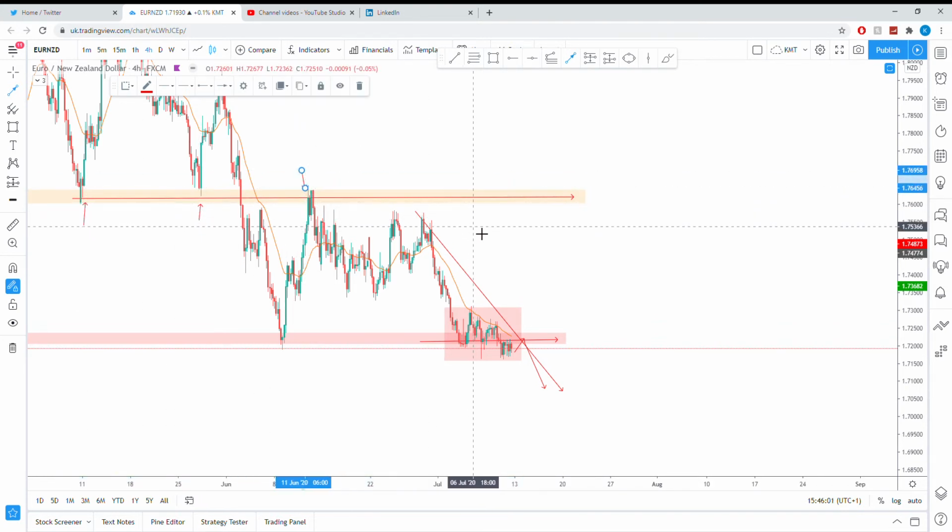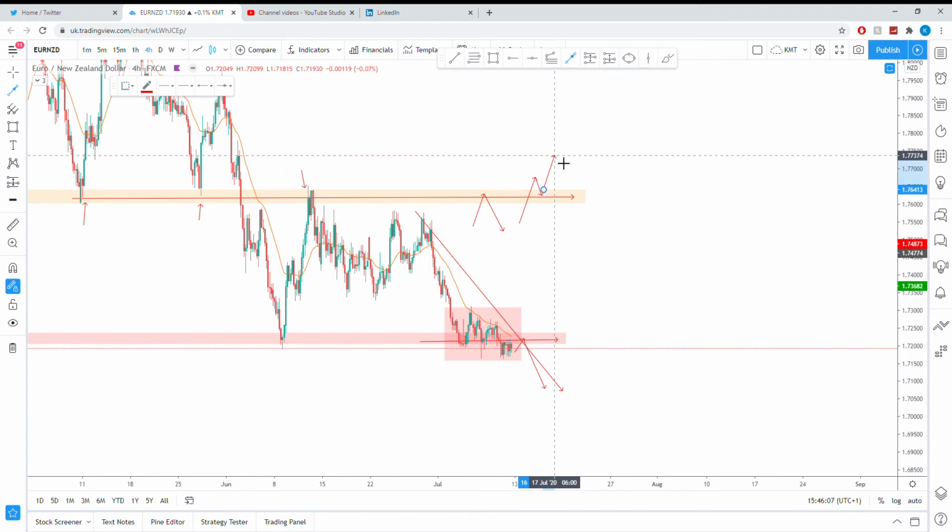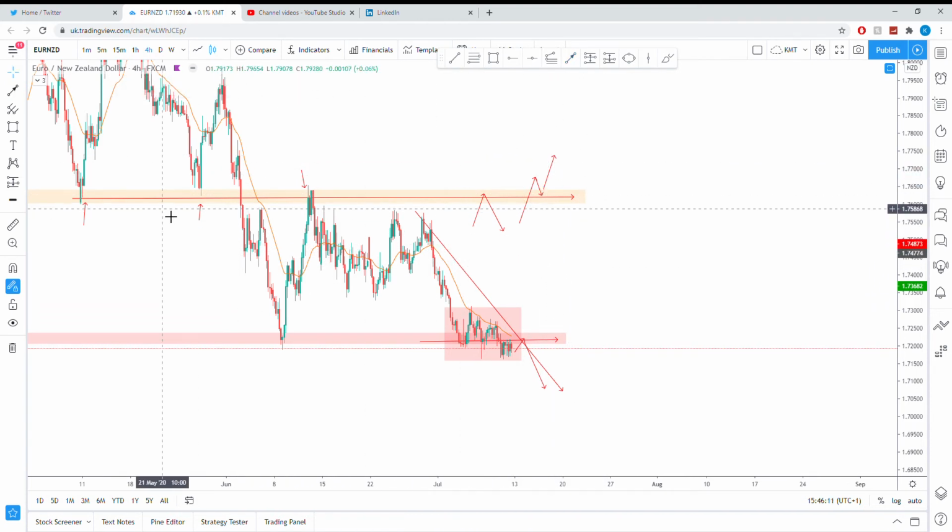So if we're able to get back up here, we could expect either a resistance, or we could get a push to the upside and again continue to the upside. So again, a support that's become a resistance, which could potentially become another form of support. So really that's pretty much it for Euro New Zealand dollar.